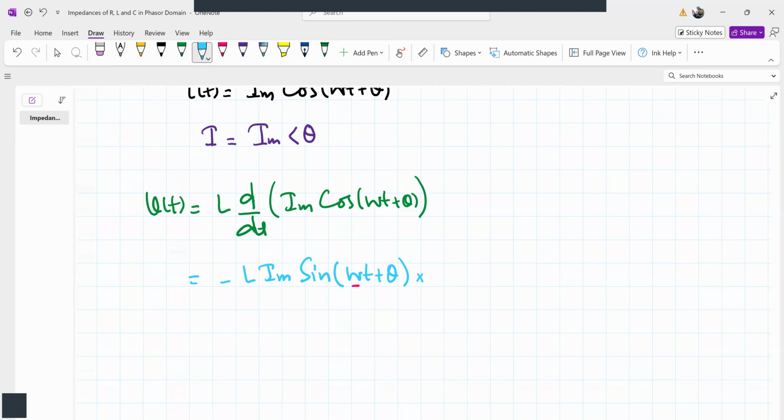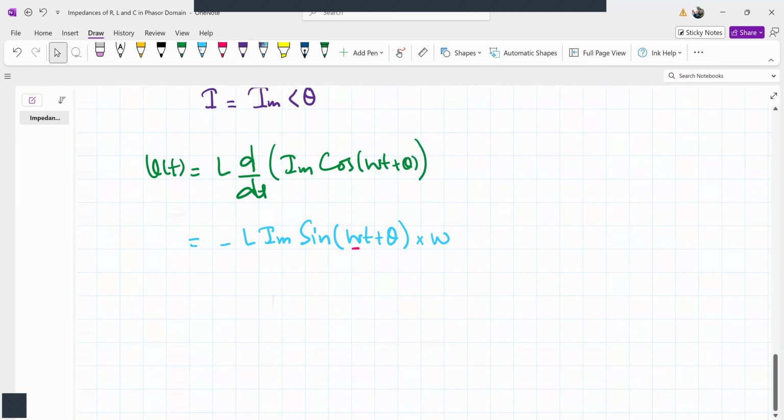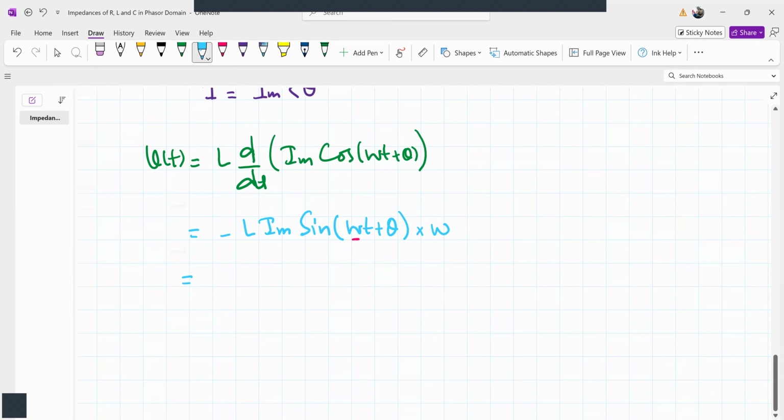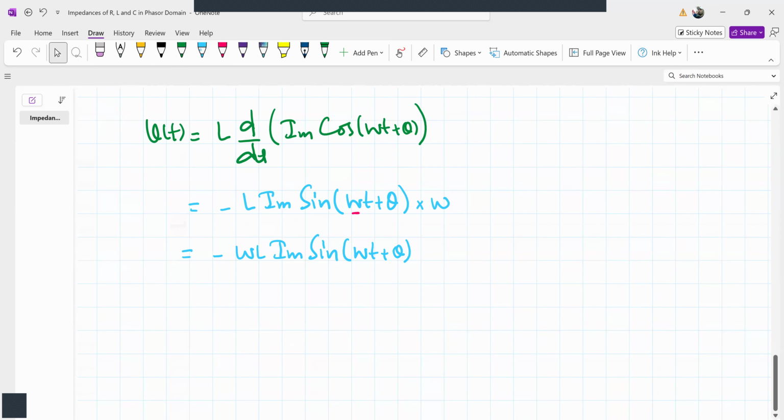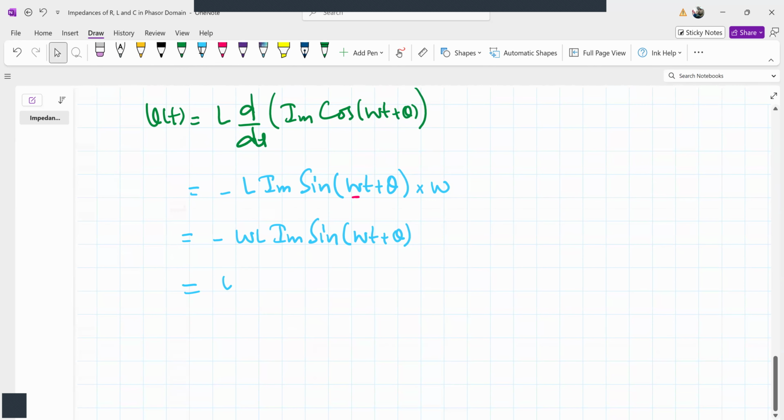So we can write this as minus omega L Im sine of omega t plus theta. Now, using trigonometry, we can write this as omega L Im cosine of omega t plus theta plus 90 degrees, since cos of theta plus 90 degrees is minus sine theta. That's what I have used here.